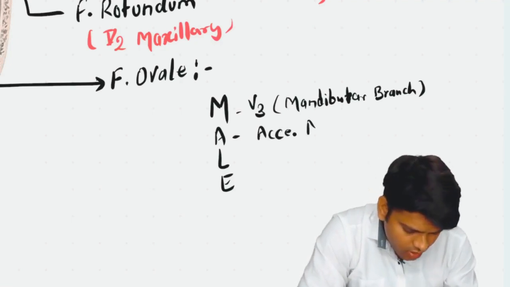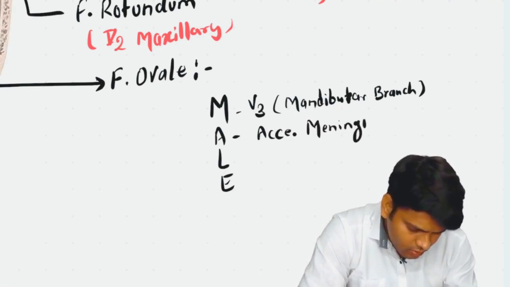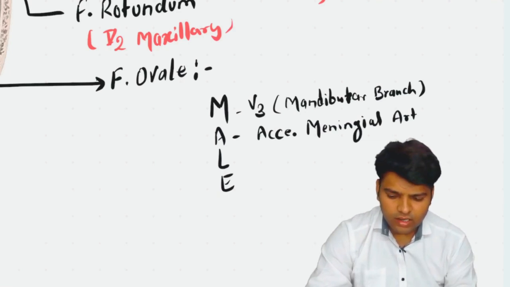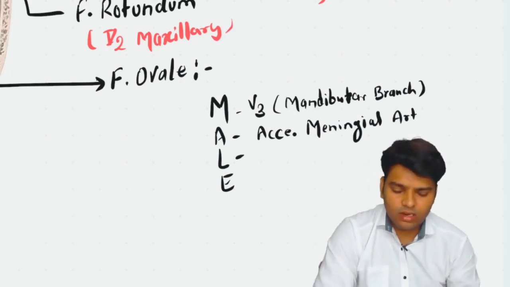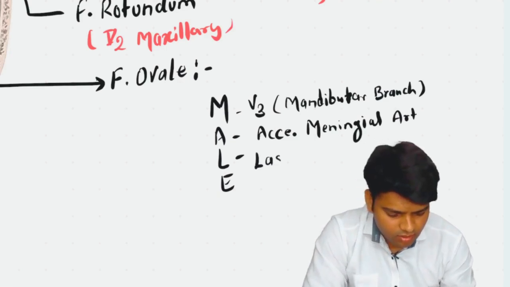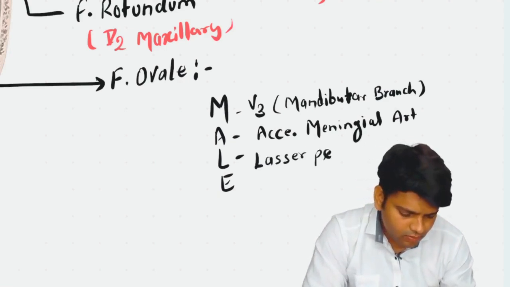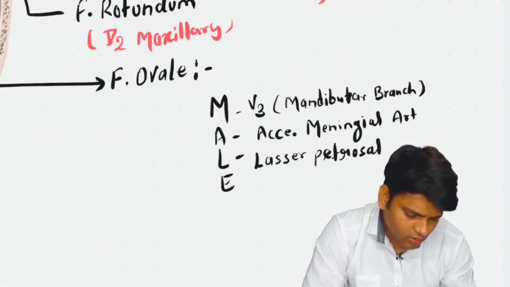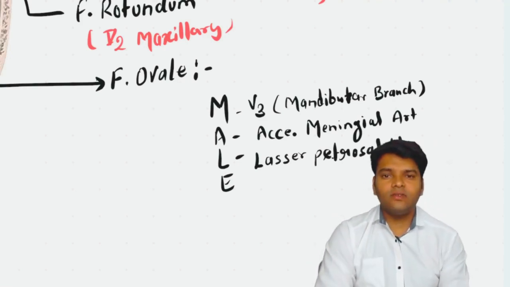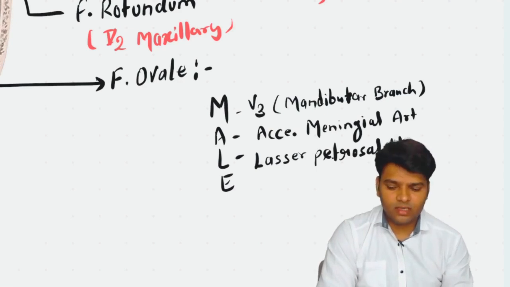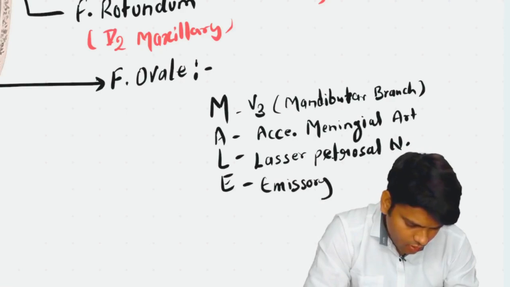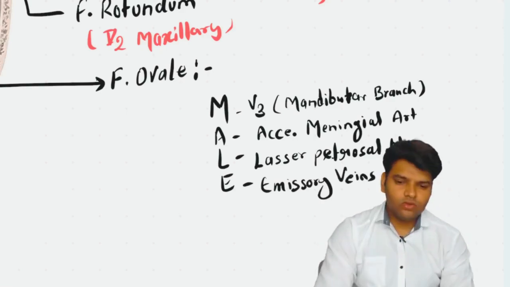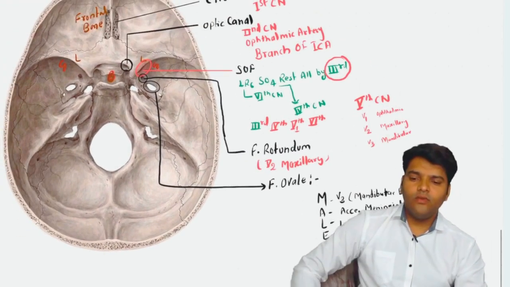L for the lesser petrosal nerve. And the last one, E for emissary vessels, emissary veins. So these are the structures which pass through the foramen ovale.